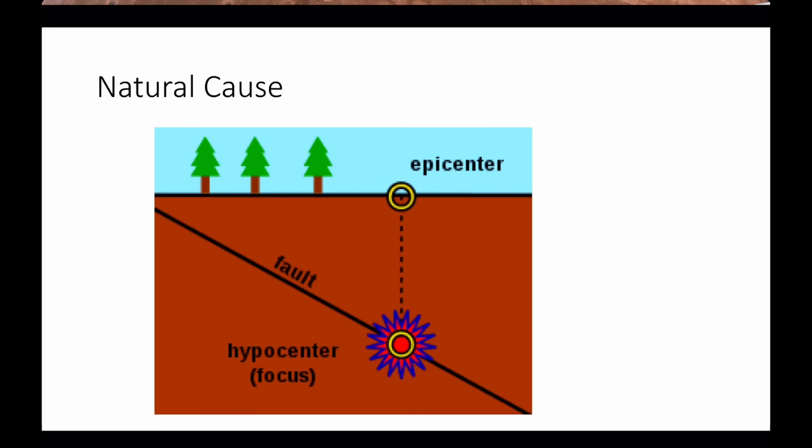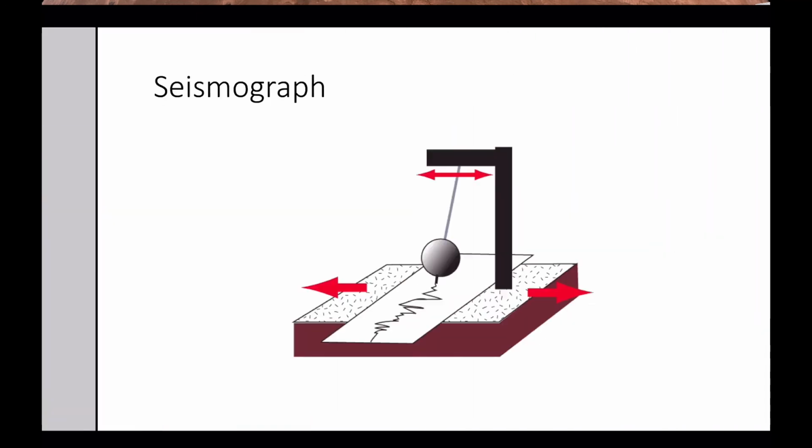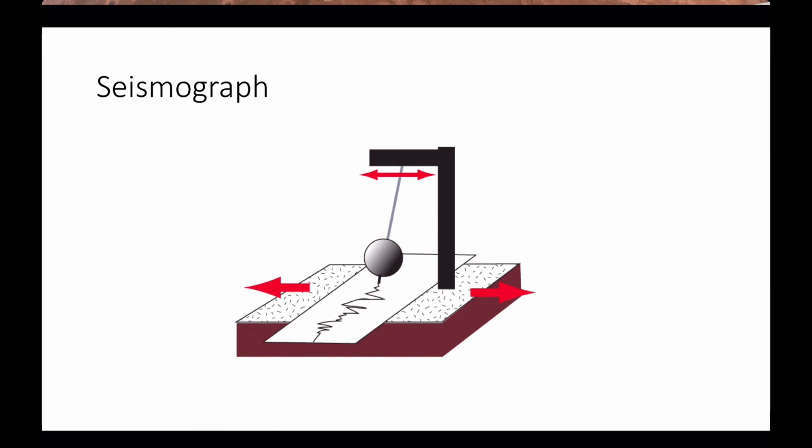So the seismograph looks a little bit like this, and as you can see it marks the amplitude of the waves when the earth moves. It marks this kind of a graph, and this graph measures the intensity of the earthquake.